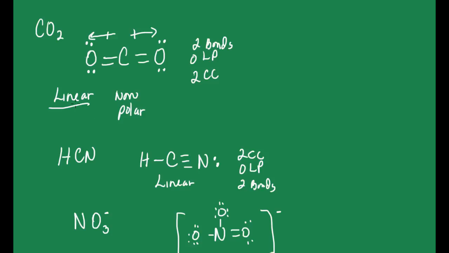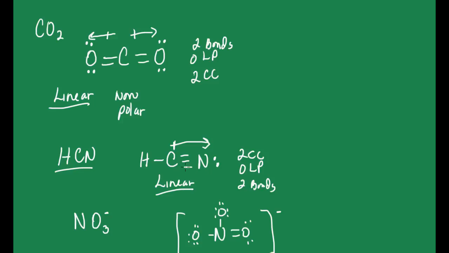So when you have a linear shape, and when both atoms that are bonded to the central atom are identical, whether the bonds are polar or nonpolar, you will have a nonpolar molecule. If we look at this one here, it is linear, but the nitrogen is very electronegative. It's pulling the electrons towards itself.